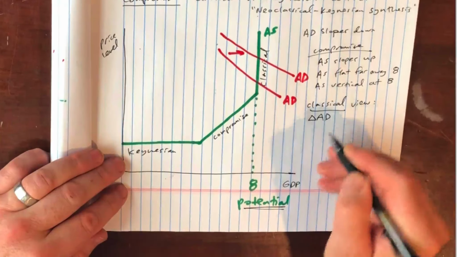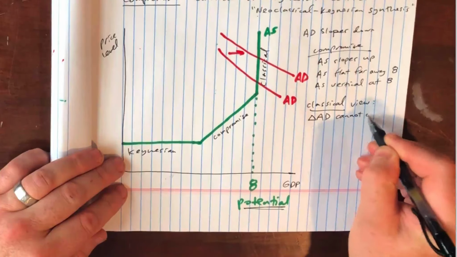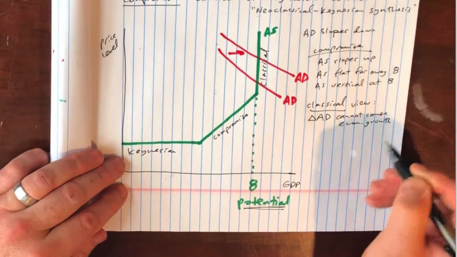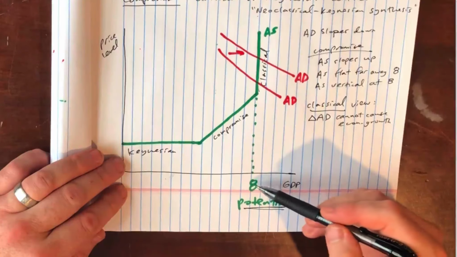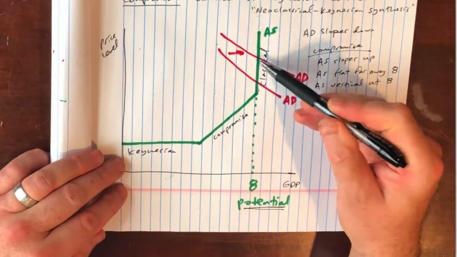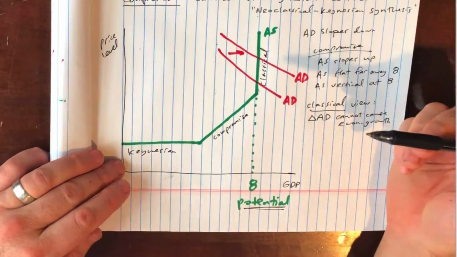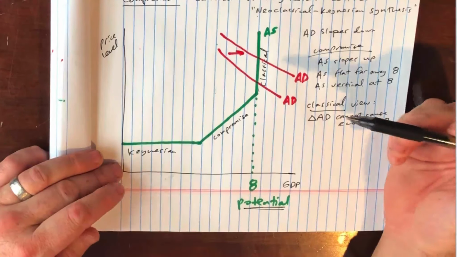Changes in aggregate demand cannot cause economic growth because all we're doing is shifting along a vertical. We're always at 8, whether aggregate demand is here or here, wherever it is. As long as the classical assumptions are met, aggregate demand essentially does not matter, right?